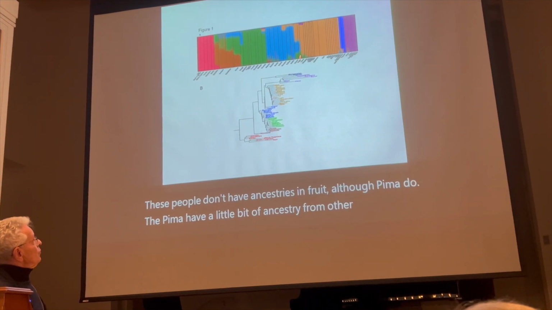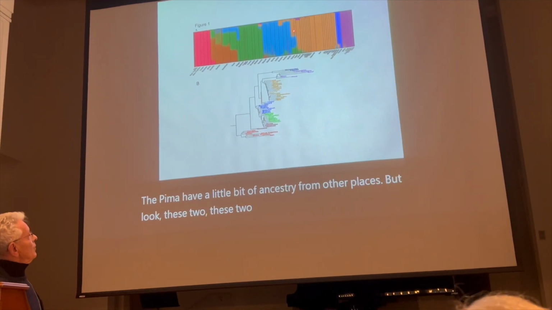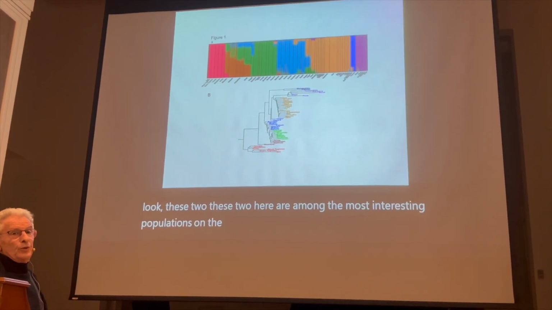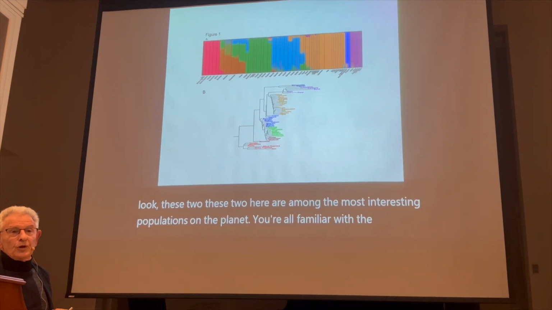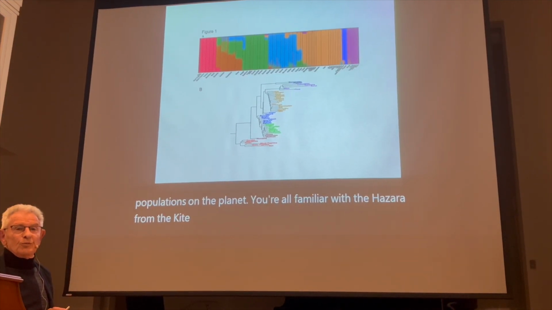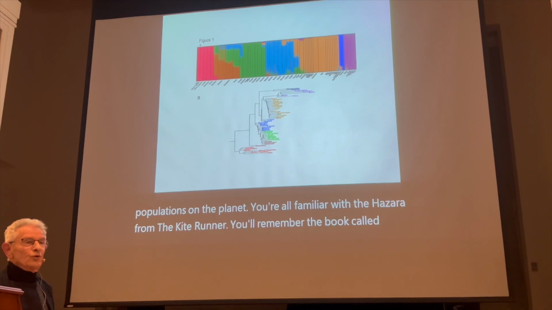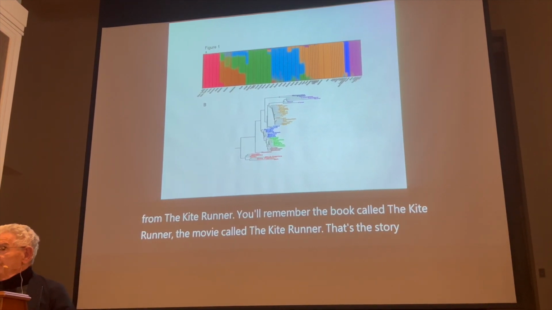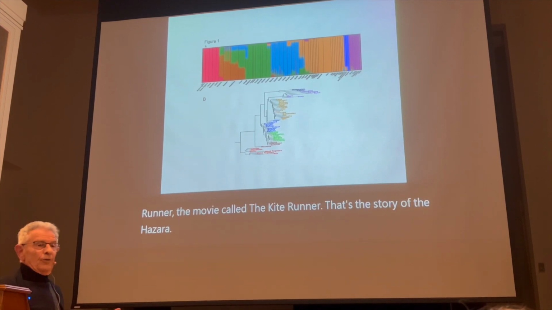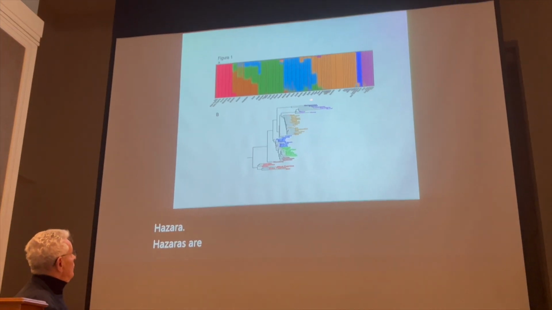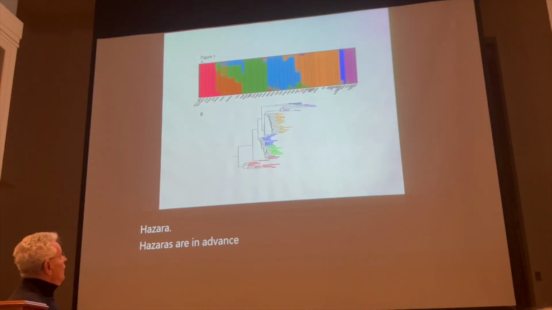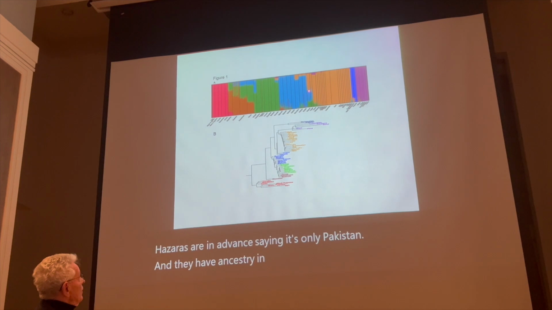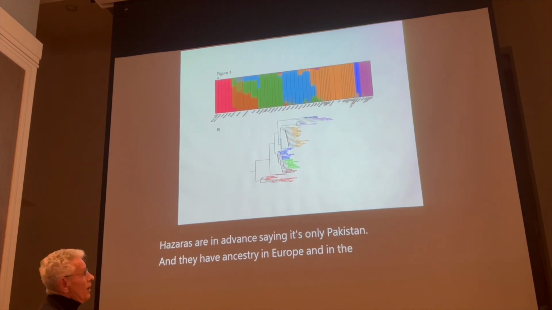But look, these two here are among the most interesting populations on the planet. You're all familiar with the Hazara from The Kite Runner. You all remember the book called The Kite Runner, the movie called The Kite Runner? That's the story of the Hazara. Hazaras are in Afghanistan and some in Pakistan, and they have ancestry in Europe, in Pakistan and in China.